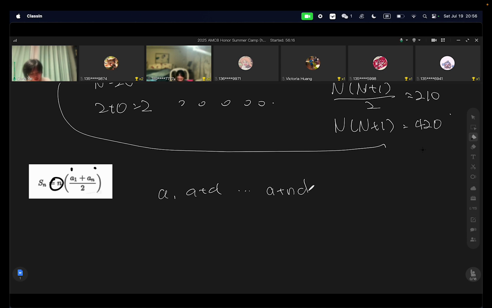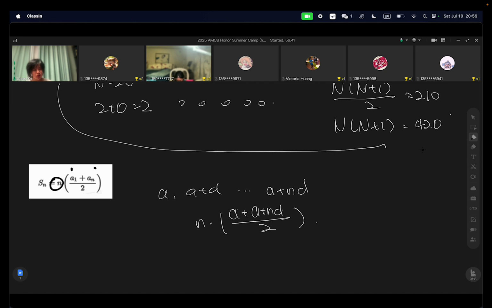So n times a plus nd divided by 2. n is basically the number of terms that we have in total. So that's going to be a plus nd minus a again, divided by the interval plus 1.